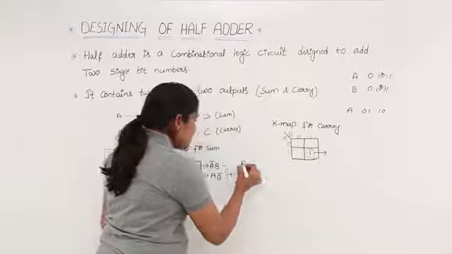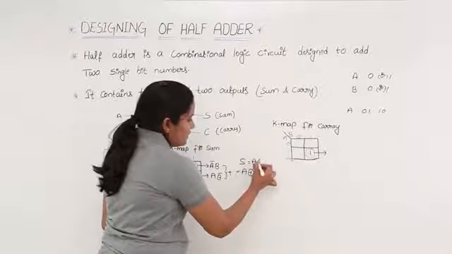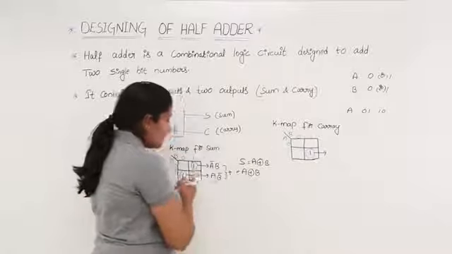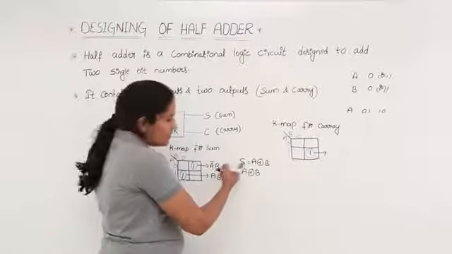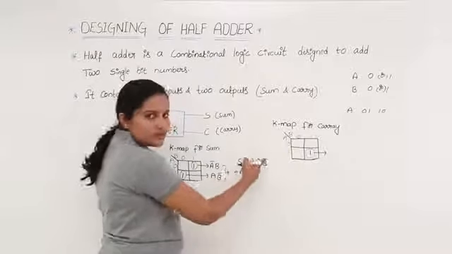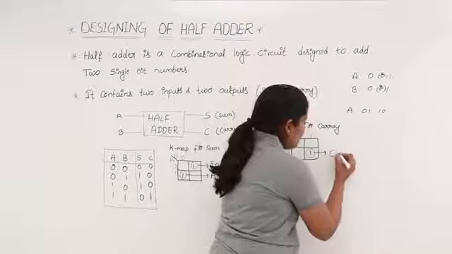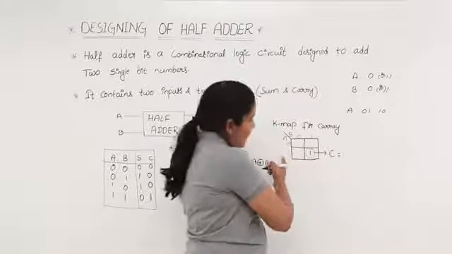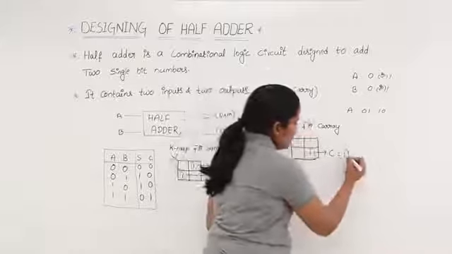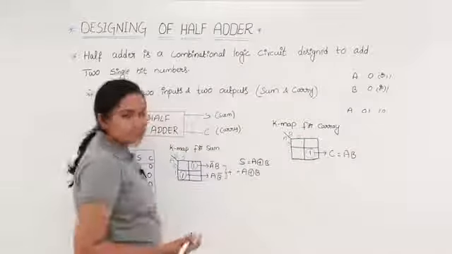So sum is equal to A XOR B here, and for what you drew this K-map, that is sum, so sum is the output expression from the K-map. Carry is equal to this prime implicant value, sidewise A, topwise B, so AB. So carry value is AB and sum value is A XOR B.